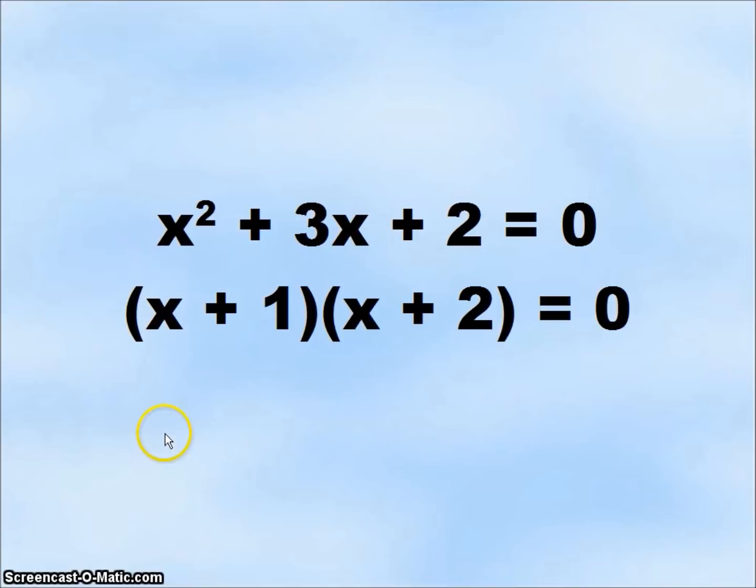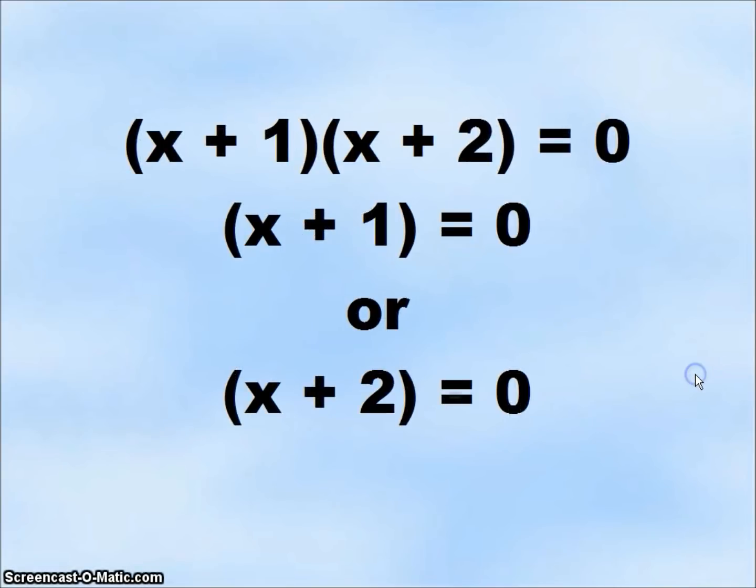Now we can use that principle. That means either this or this equals 0 specifically. If this whole thing equals 0, then one or the other of these two binomials is 0. Then either x plus 1 equals 0 or x plus 2 equals 0.